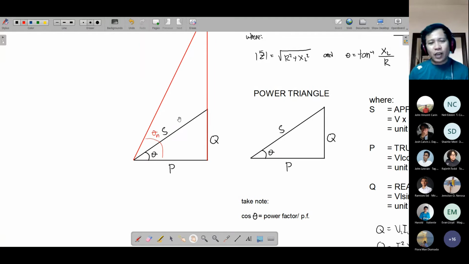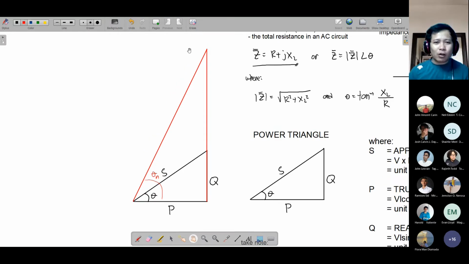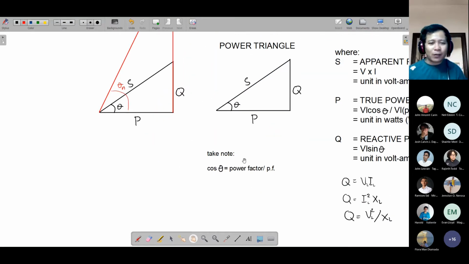If there are changes in the angle, lugi ang utility companies. Lugi ang VECO, lugi ang SEBECO, lugi ang BUHECO, kay dako kay kagikonsumo pero gamay kay kagibayran. Mao nga gibantayan gyud na ang power factor.